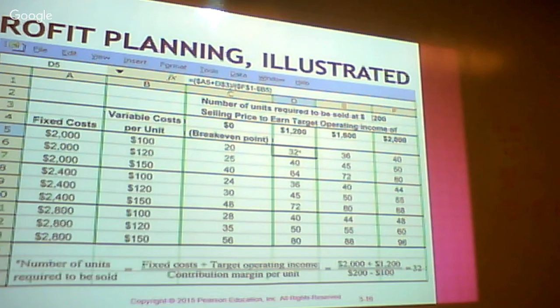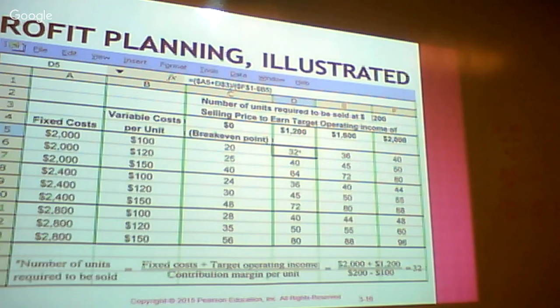Because if your answer was 24.5 or 24.3 units and you sold 24, you're still not breaking even. But if you sell 25, you're a little over break even and you make a little profit. So always round up.